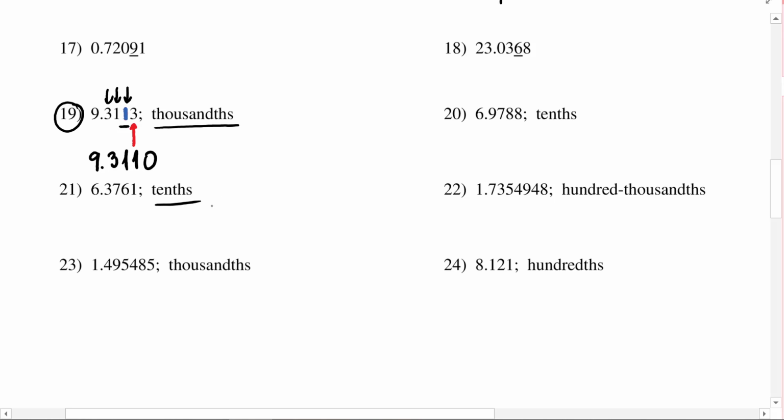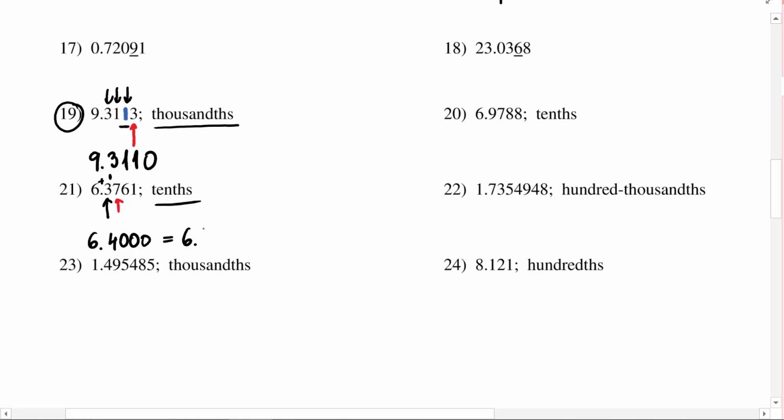Let's look at the tenth. The tenth is this one. The question is, is it going to stay 3 or is it going to be 4? Well, because the next digit is 7, which is more than 5, this is going to be plus 1. So it's going to be 6.4, and all the other ones become 0.